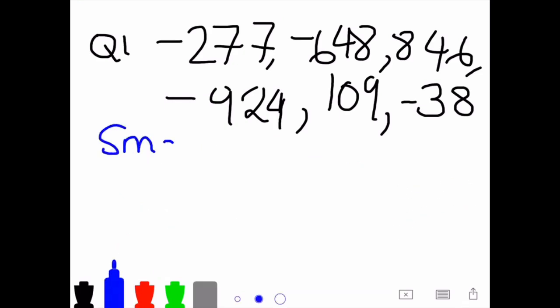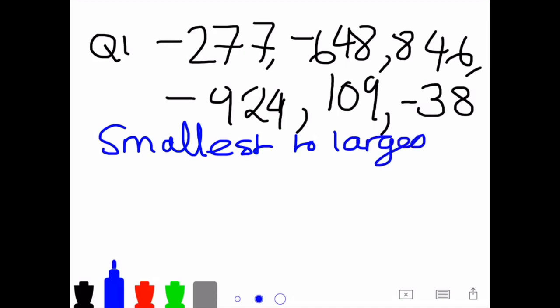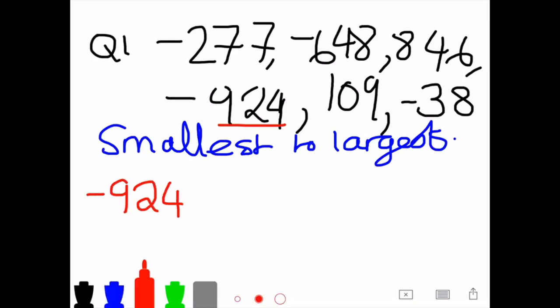Okay, let's just write it down. Smallest to largest. Okay, let's start with -924, which is literally down, down, down the number line, and that's the least number out of that list.